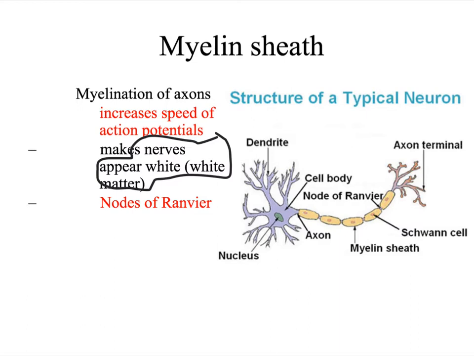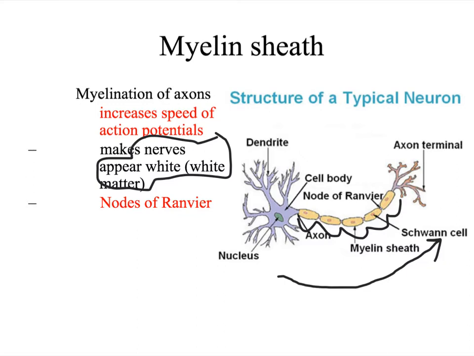So myelination is important because it's going to make the action potentials be able to travel faster. The reason that happens is because, instead of the entire axolemma having to be depolarized as the action potential flows toward the synaptic terminals, it will only have to hop from gap to gap.